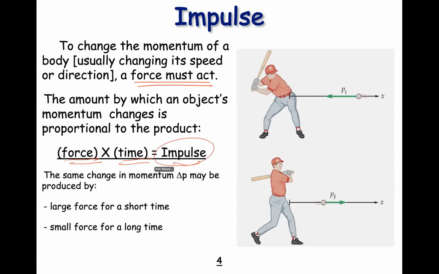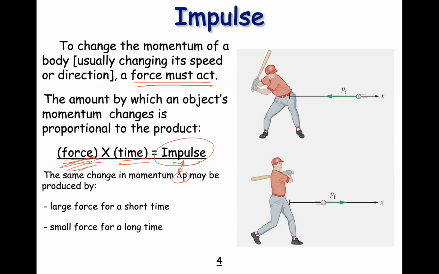We call that quantity often impulse, right? Although really that's just a fancy term for some amount of delta P, change in momentum, that the object receives as a result of the impulsive force acting, okay? So sometimes people will call that force that's doing this change in momentum, the impulsive force.